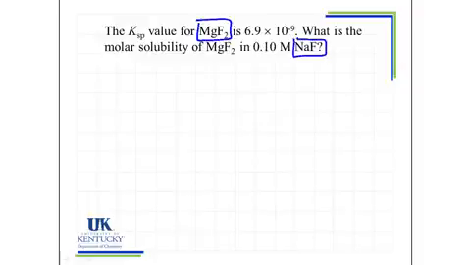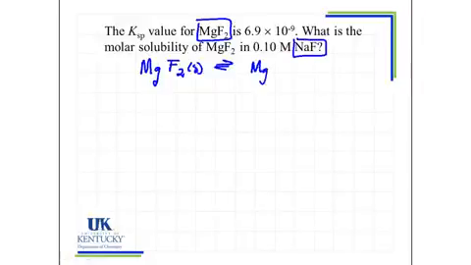That's not the reaction. The reaction is the same reaction we've always been writing. We're taking the insoluble salt and dissolving it into water. So we have the ions, Mg2+ aqueous, and we have two F-, aqueous. That's the reaction.